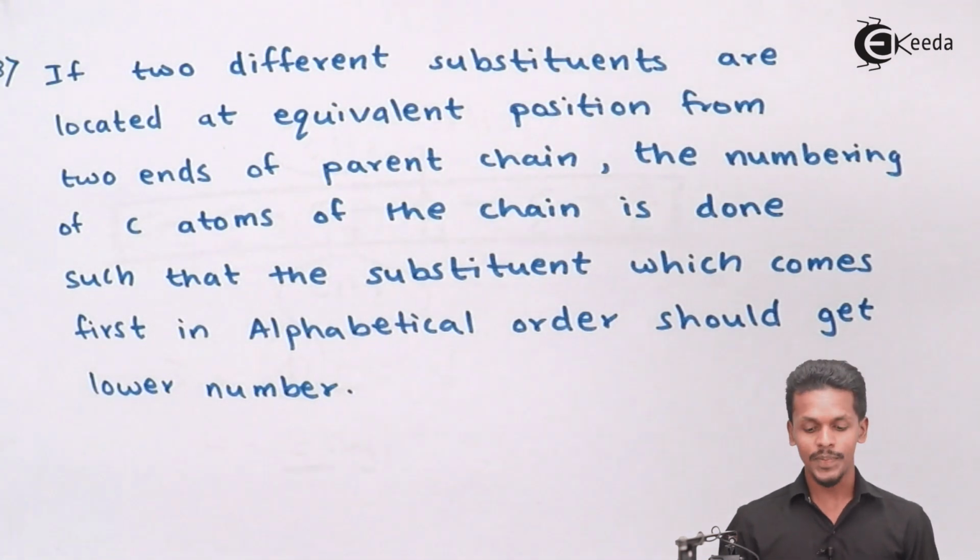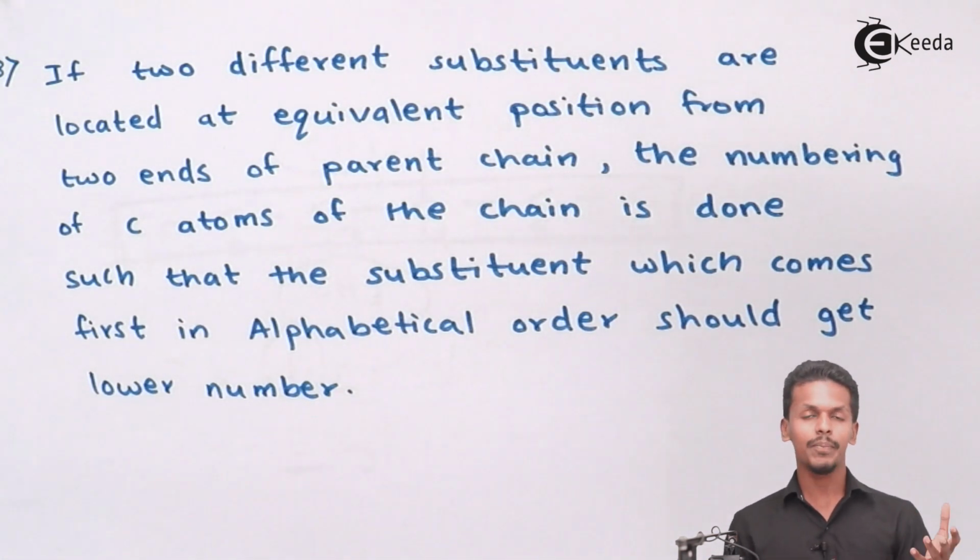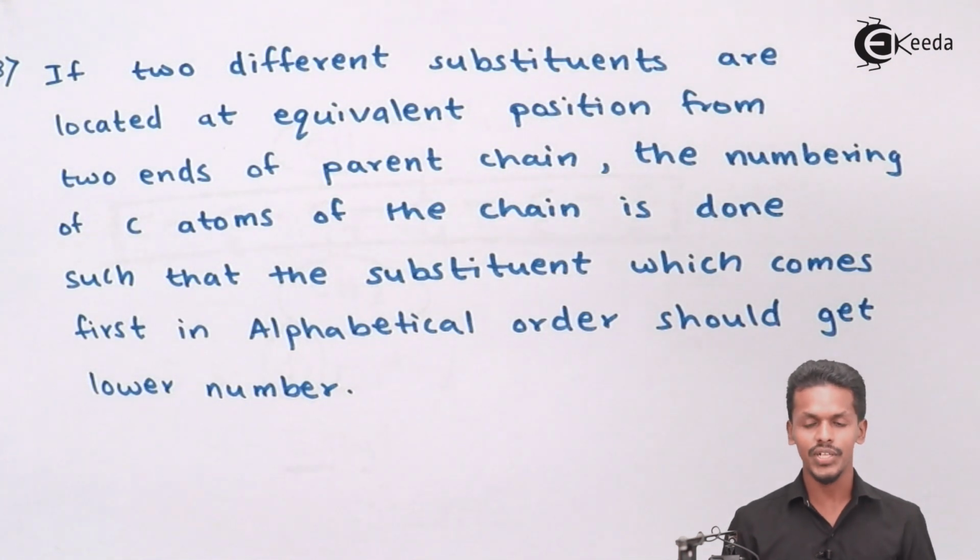So suppose two different groups are present in a parent chain, like this one.